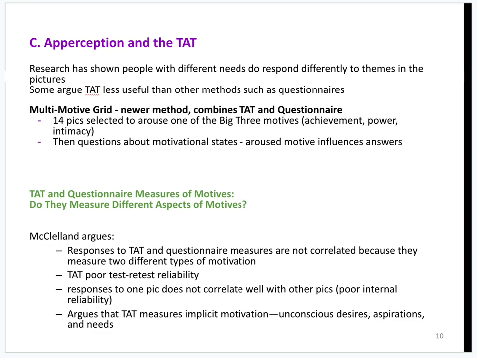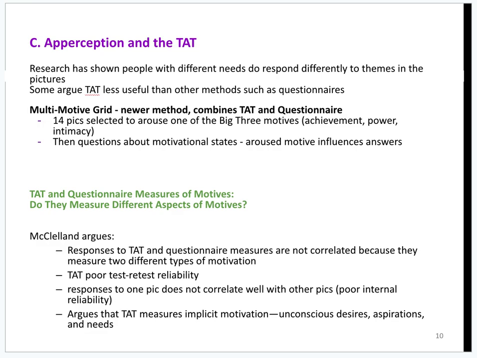But before we do, I'm just going to mention the multi-motive grid. Because there's these two different methods, and some argue the TAT is better, and some argue that the questionnaire is better, of course, somebody comes along and says, hey, let's combine them, and that'll solve everything. So they've got these 14 pictures selected to arouse the three motives, achievement, power, and intimacy.